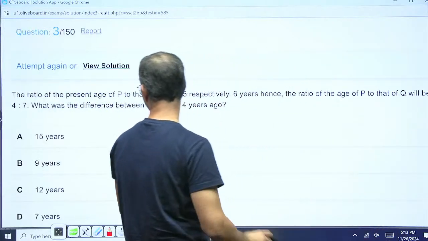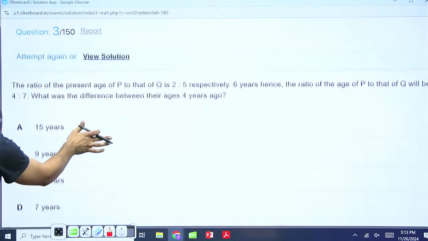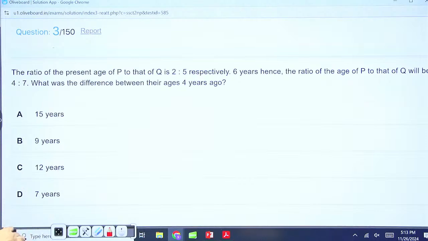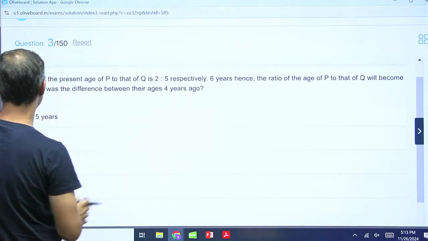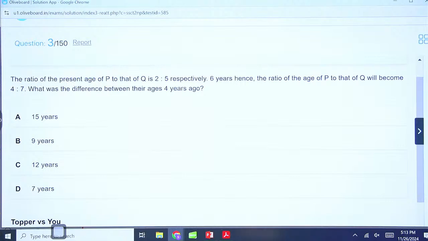Tell me what is the answer for this question. Yes, please. See, the question is saying, please tell me everyone what is the answer for this question. Yes, please.